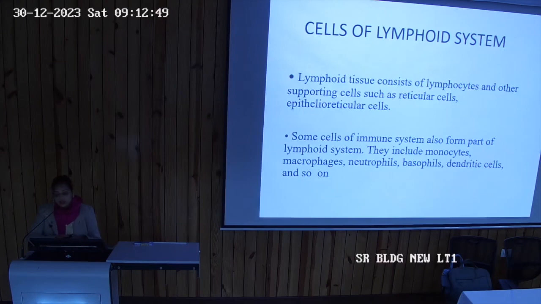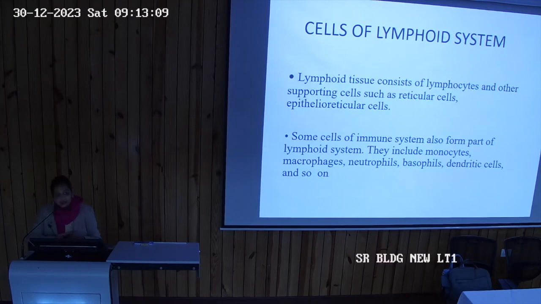Cells of lymphoid system. Now what are the cells of lymphatic system? Anyone? Mainly lymphocytes and supporting cells in the form of reticular cells, epithelio-reticular cells. These will provide the structural framework to the lymphoid organ.